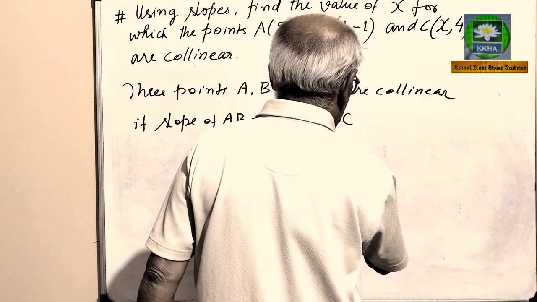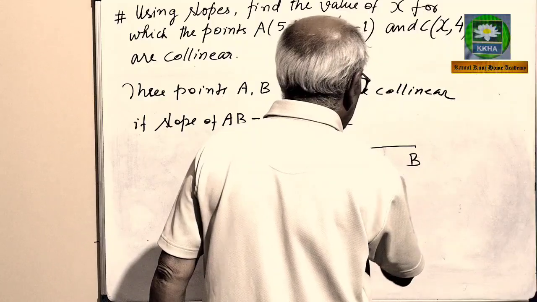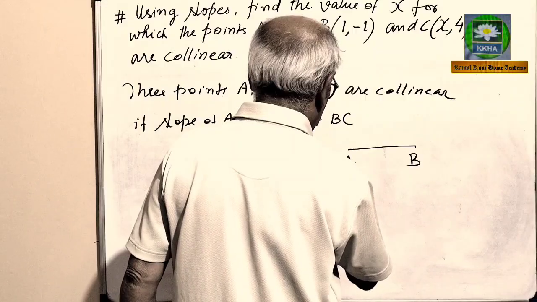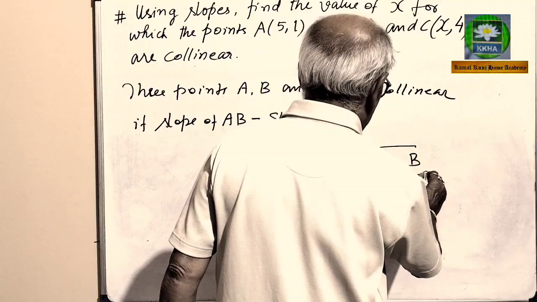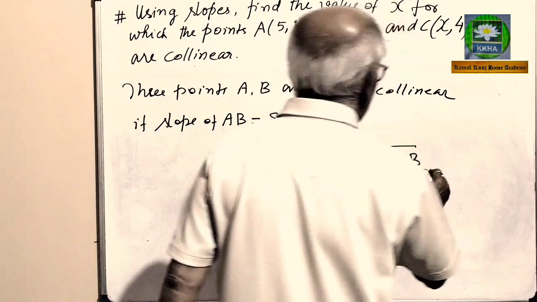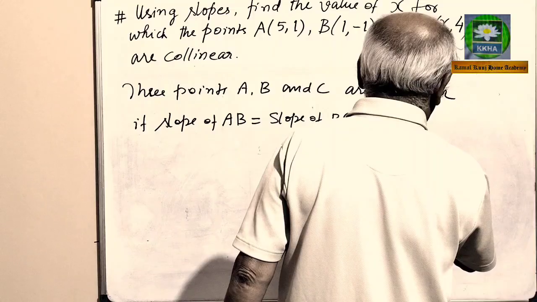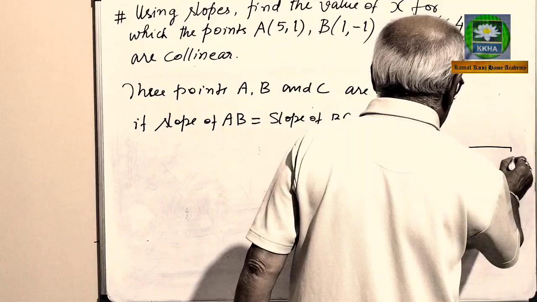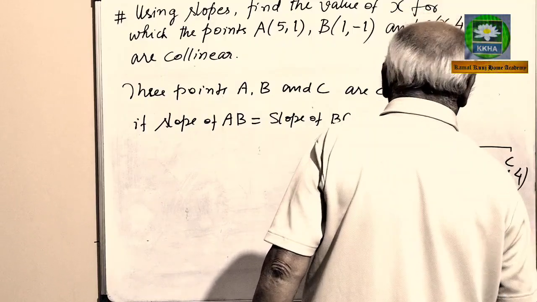Here coordinates of A are 5, 1, coordinates of B are 1, -1, and once again BC, coordinates here are x and 4.